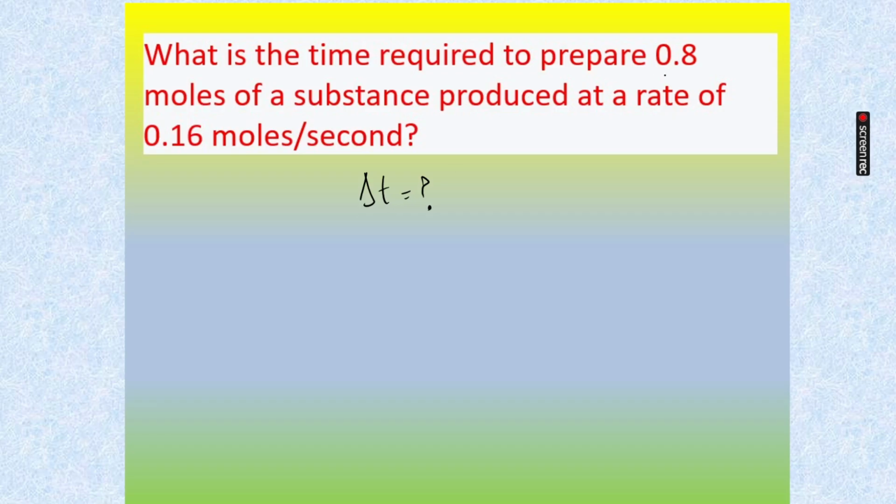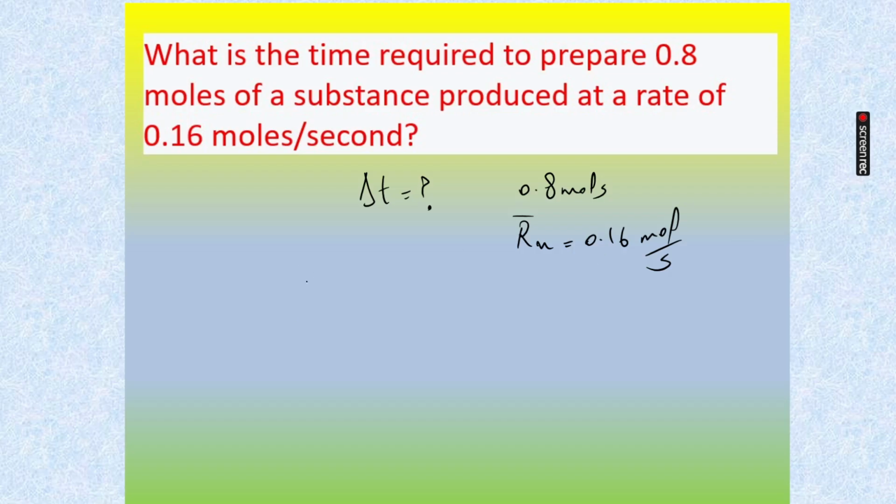To prepare 0.8 moles of substance produced, this substance is produced at the rate. It gives you the rate: 0.16 mole per second.